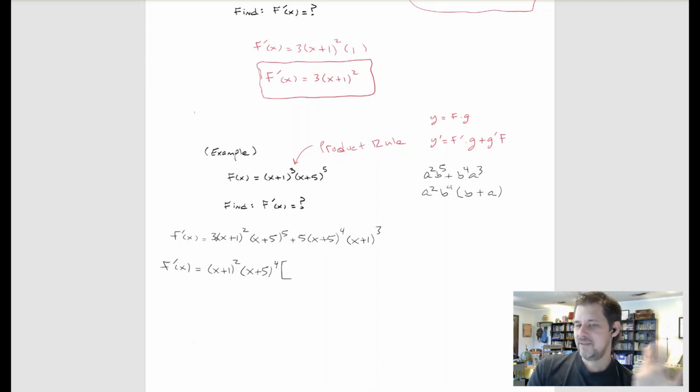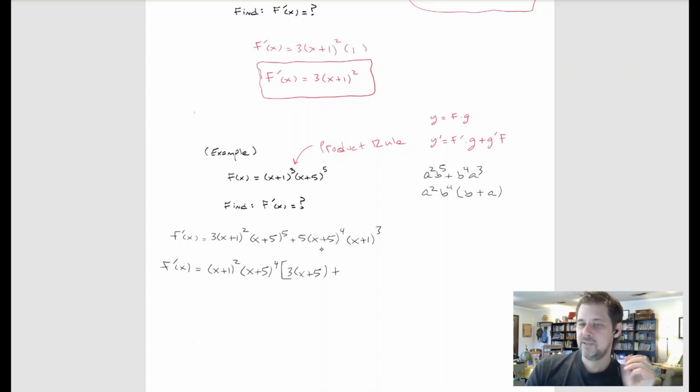Besides the 3, which is not common to each term, and the 5, which is not either, I have to leave those. From this first term, 3 times x plus 1 squared times x plus 5 to the 5th power, if I take out 2x plus 1s and 4x plus 5s, I'll leave behind a 3 and an x plus 5 to the 1st power. That's what's left in this first term. And I've got my plus here.